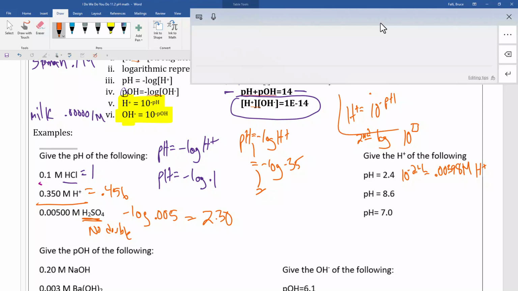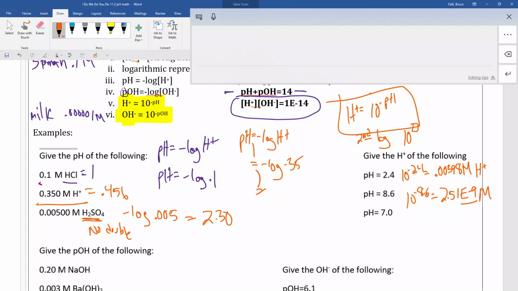So again, H positive is 10 to the negative pH. 10 to the negative 8.6 equals second log negative 8.6. Enter. Oh, man. Some of you will put 2.51 and you'd be wrong. You need the E negative 9. That tells you the exponent for it.